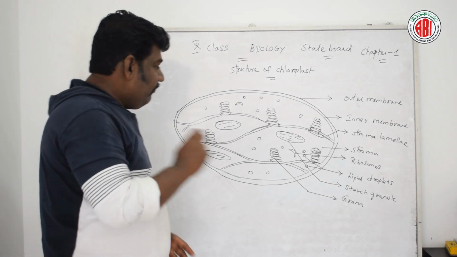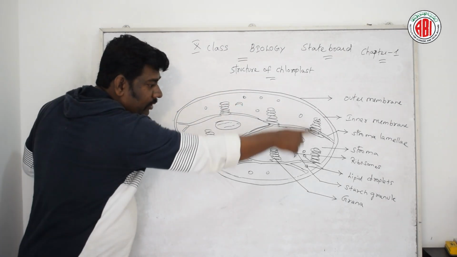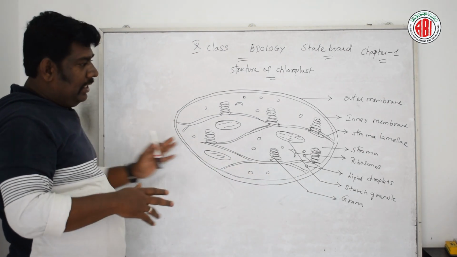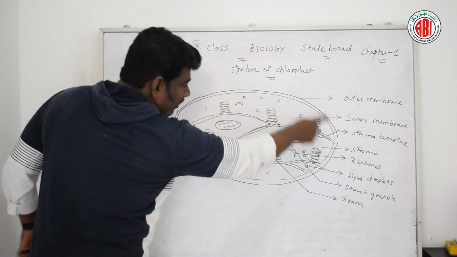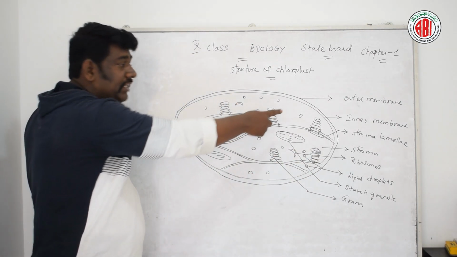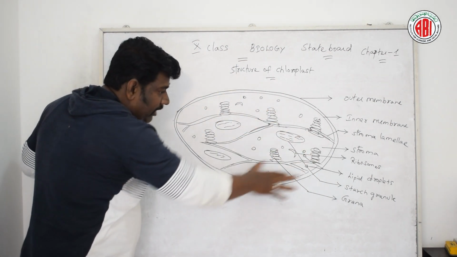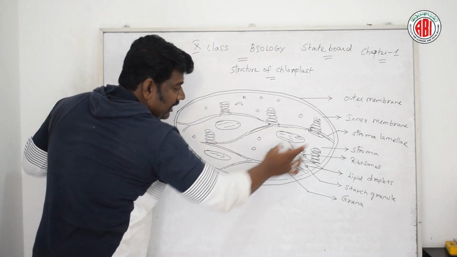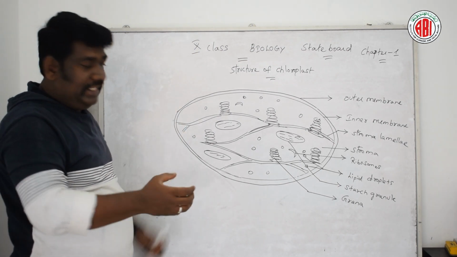First, how to draw this diagram? Let us draw one oval shape structure. Very simple, just follow my steps and you can draw the entire structure very easily. First, draw an oval shape structure with a double layer, 2 layers, and as you draw the structure, make some coin-like structures wherever it is possible. Draw a set of coins.